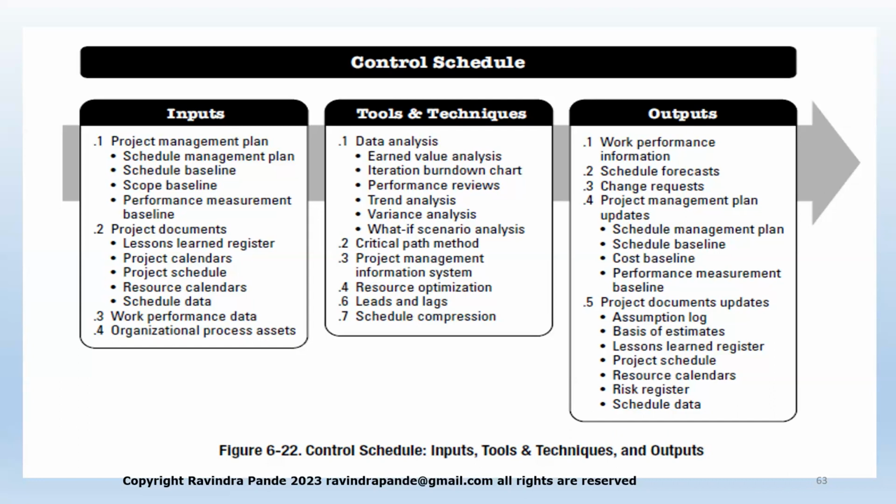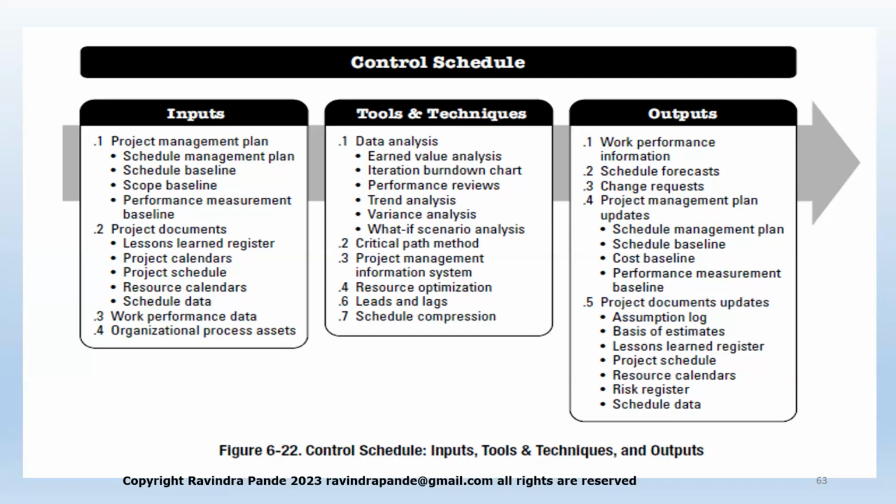Then the project schedule also gets updated as per any change in terms of performance, and the resolution of some challenges. Same thing with the resource calendar. If any shortcomings of resources, or if I add any new resources, the resource calendars will change, and I'll apply those calendars to my project Gantt chart as well.